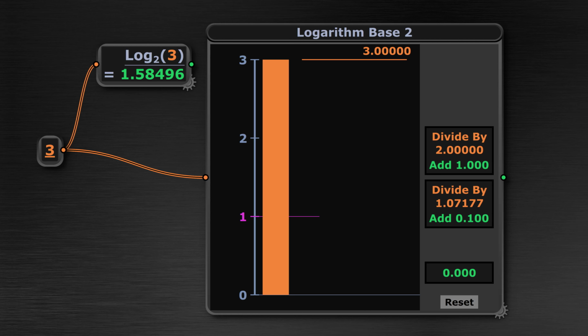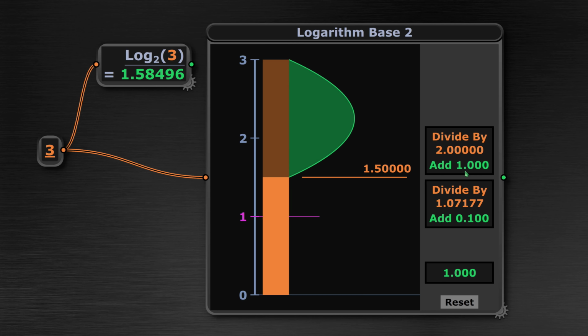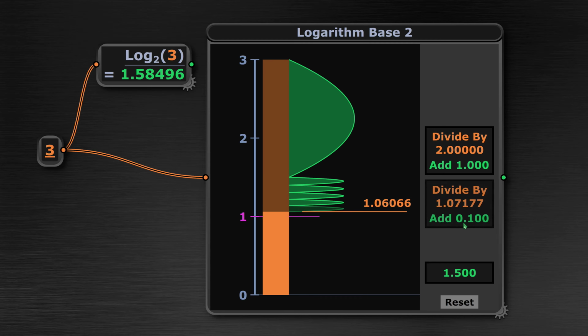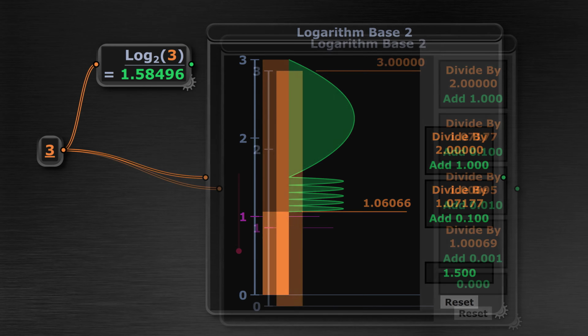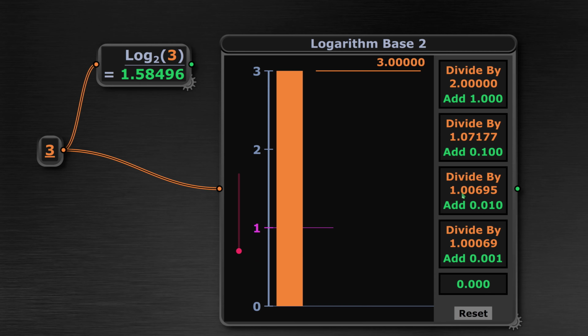Whole divisions by 2 and tenths of a division by 2 give you the whole part of the number and the number in the tenths place. But if we wanted the hundredths and the thousandths place, well, a hundredth of a division by 2 is a division by 1.00695, and a thousandth of a division by 2 is a division by 1.00069.